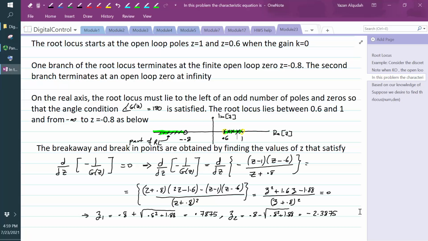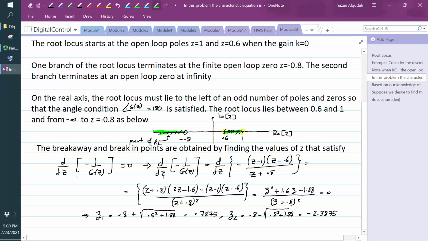One of them is to calculate the breakaway and break-in points. To calculate them, we take negative 1 over g of z, take the derivative of that, and equate it with 0. That will give me, on the real axis, where the breakaway and break-in points are.